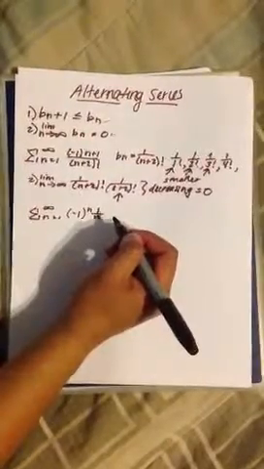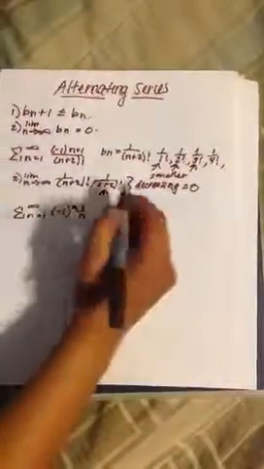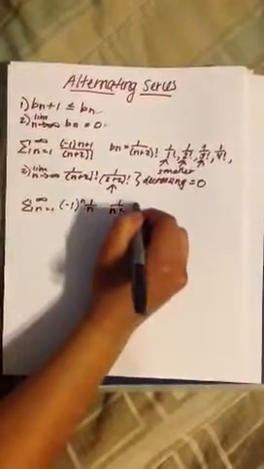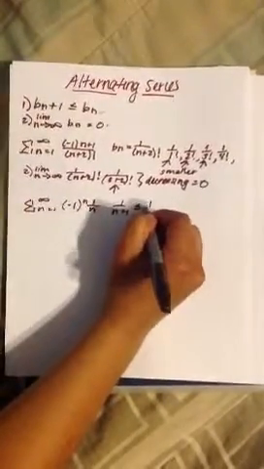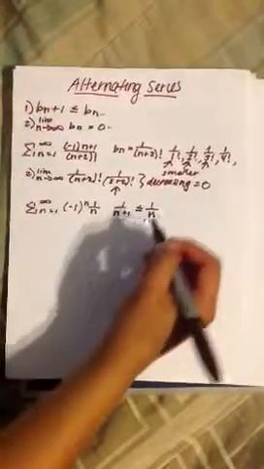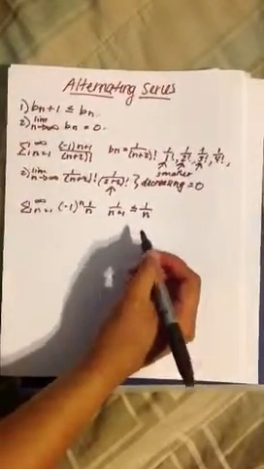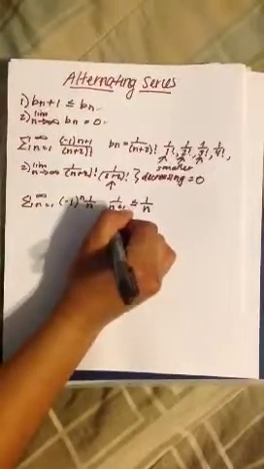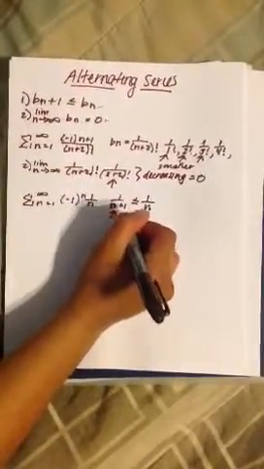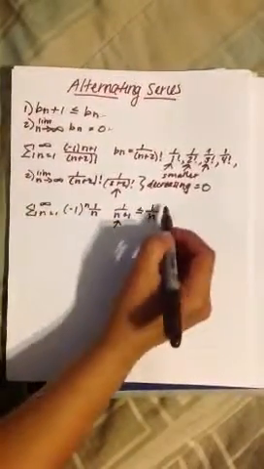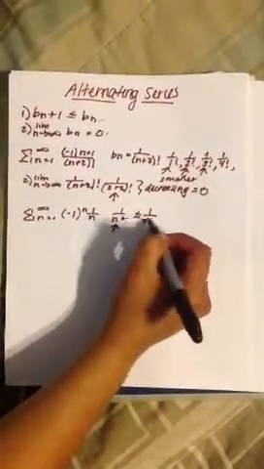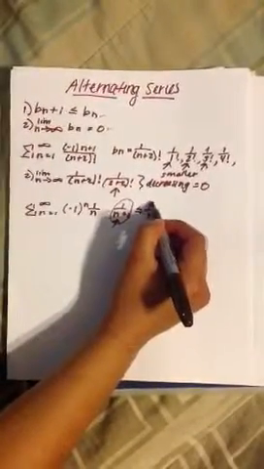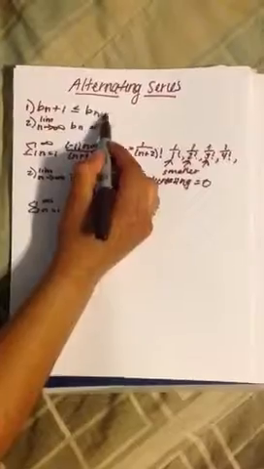We'll see if 1 over n plus 1 is less than or equal to 1 over n. So basically, this is going to get smaller and smaller, and that's going to make this smaller than the original b sub n, confirming the first rule.